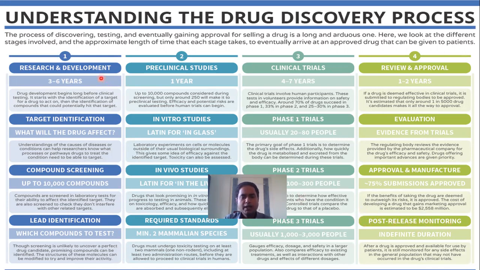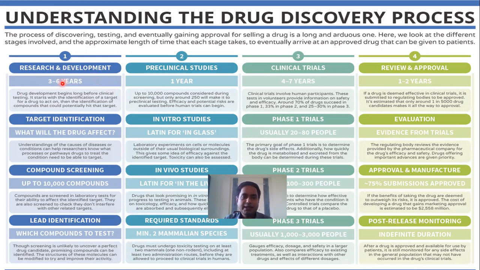If we talk about the time duration of the drug discovery process, if you want to identify a drug for any disease, then from the research and development process to the post-release monitoring or review and approval process, it can take approximately 12 to 14 years.